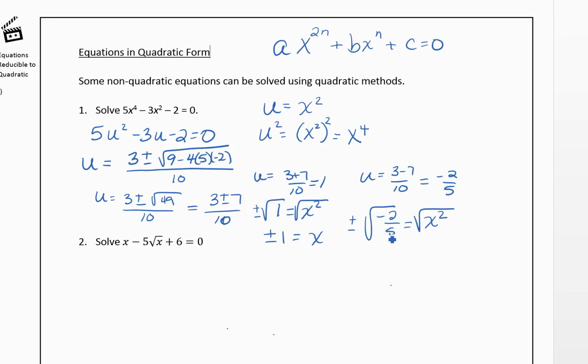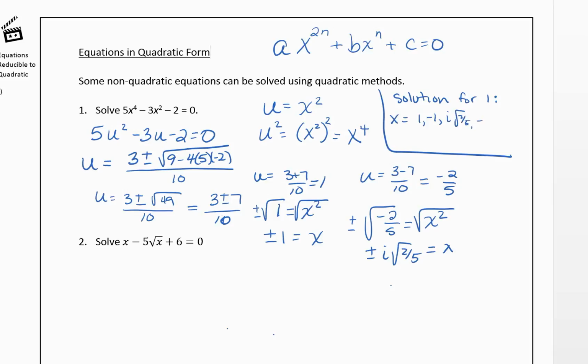And the square root of negative 2/5 is going to be i square root of 2/5. So here we actually get 4 solutions. Let's go ahead and write our solutions up here. This is for number 1. We get x equals 1, negative 1, i square root of 2/5, and negative i square root of 2/5.